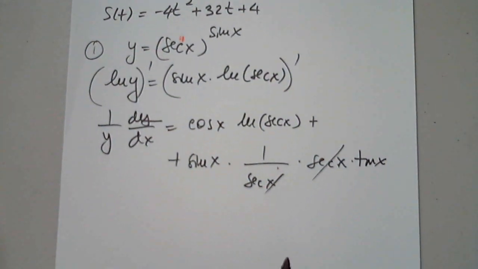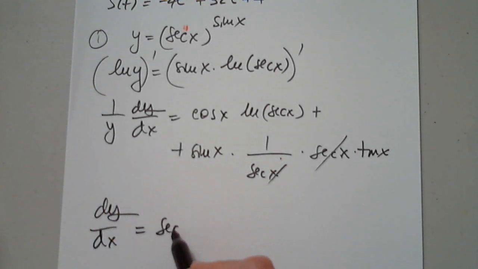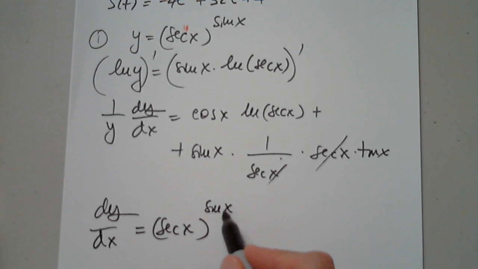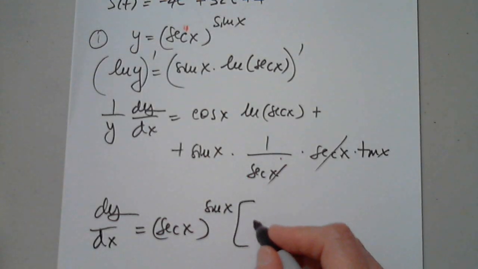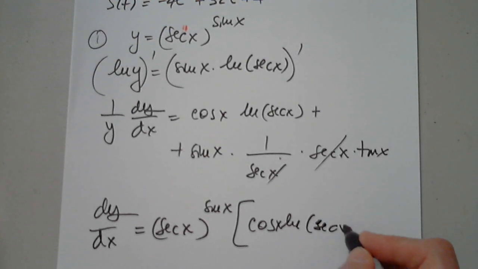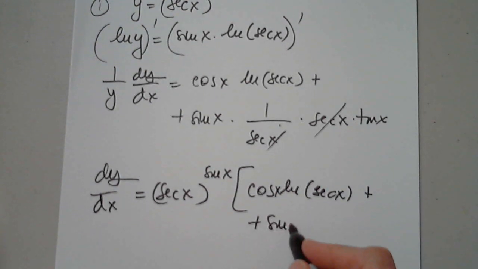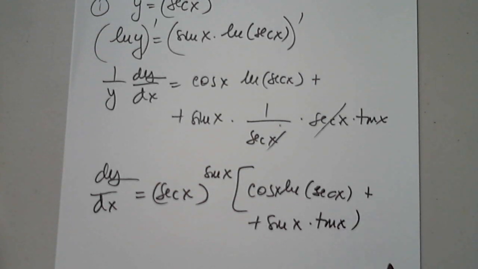I'll simplify a secant. So then I have dy over dx equals y, which is secant x raised to sine x, and then cosine x natural log secant x, and plus sine x tangent x. Oops.